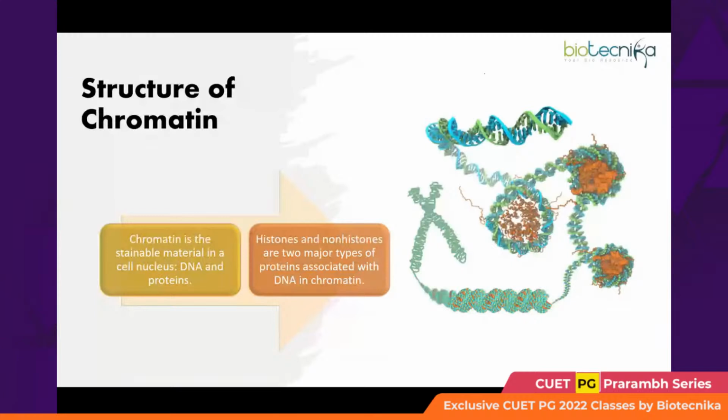Chromatin comprises DNA and proteins. Histones and non-histones are two major types of proteins associated with the DNA in chromatin.